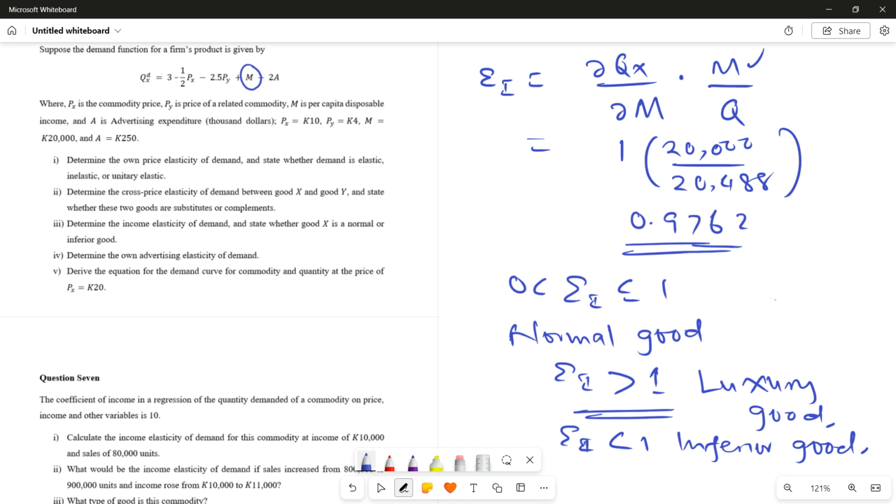But a luxury good is a good where an increase in income will lead to a larger margin in the demand for this particular good. With luxury goods, you buy them to show off. Sometimes they're called conspicuous goods. You buy them so that the neighbor can see that you've got money.